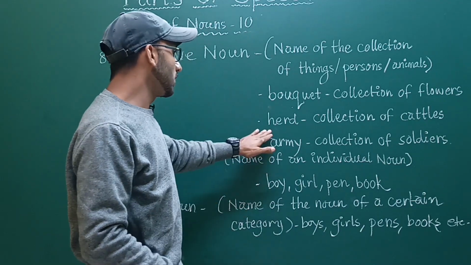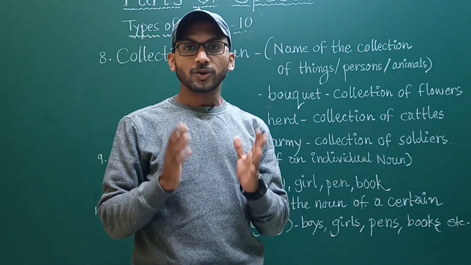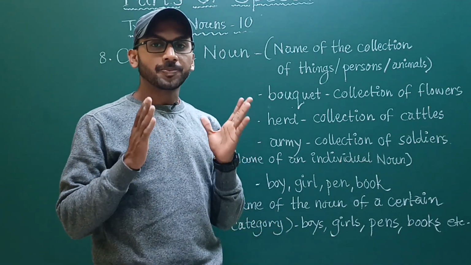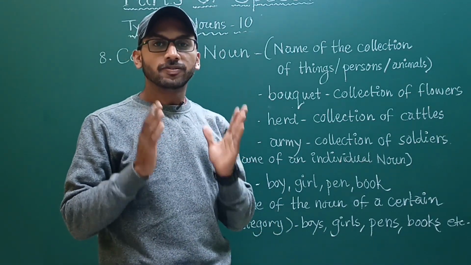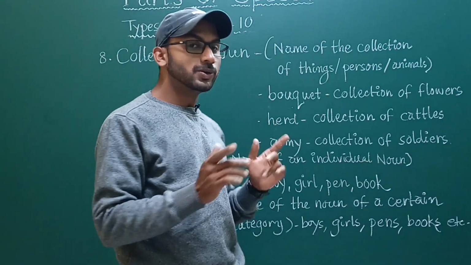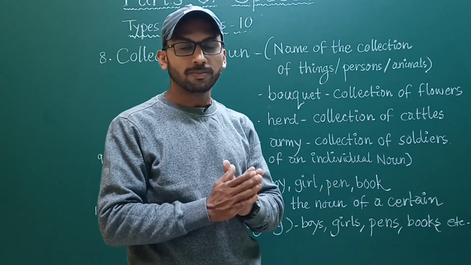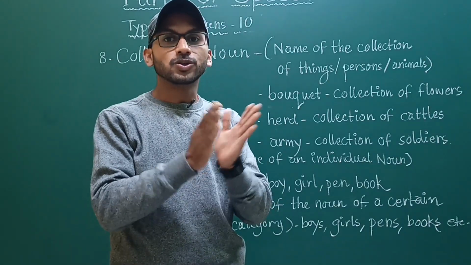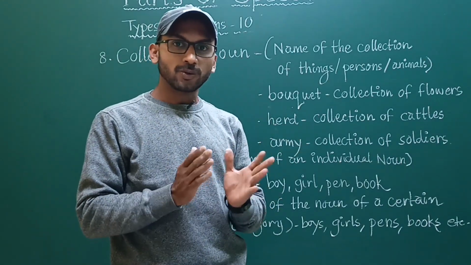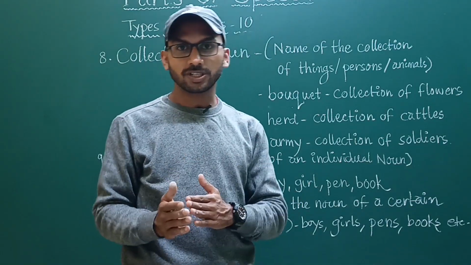All right, now let us come to the collection of soldiers. Well, we know soldiers, okay? They are the fighters who fight for the defense of us. We know that a soldier doesn't go alone in the battlefield. A soldier goes with a group. And to the group in the plural, we say soldiers. Soldier becomes soldiers in plural.